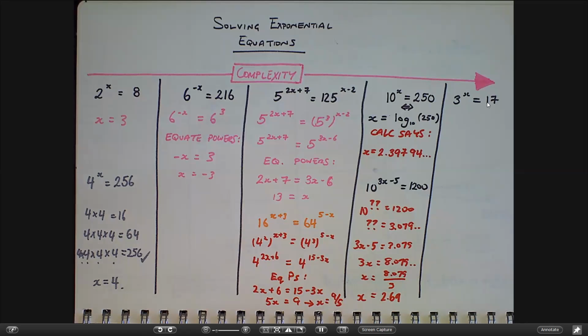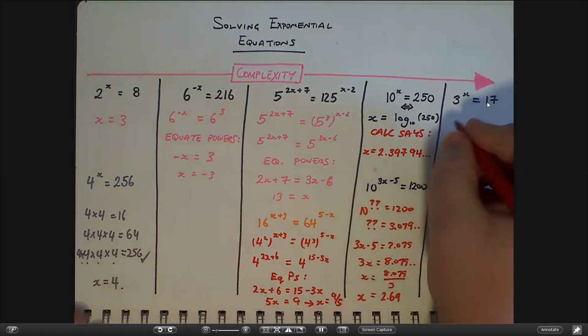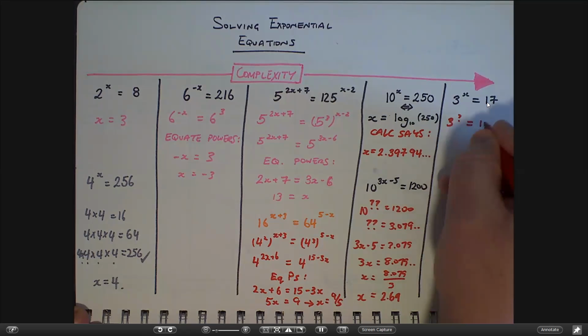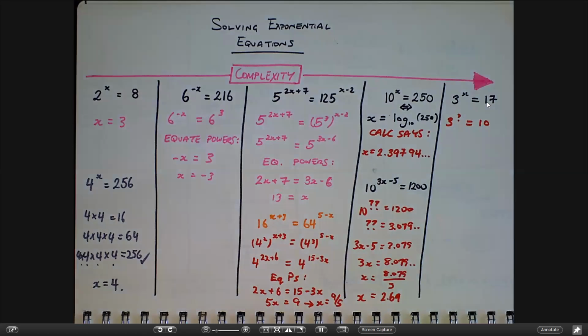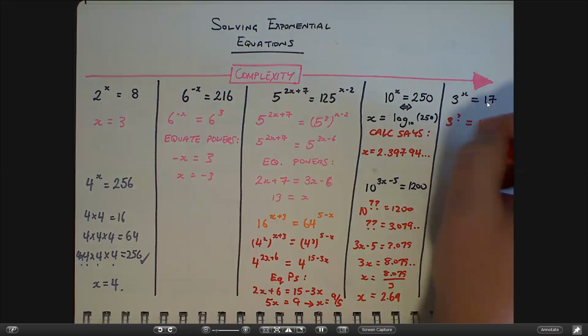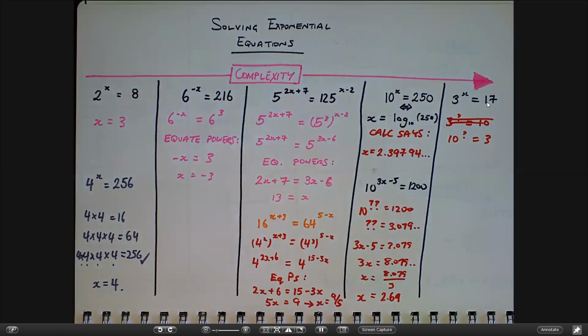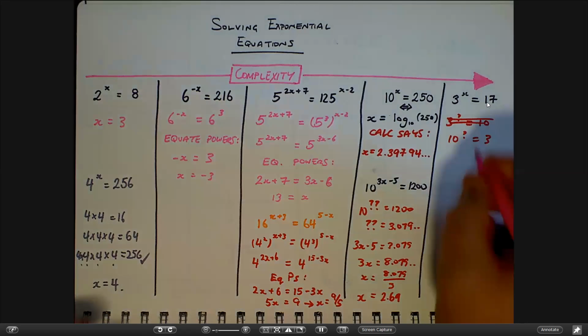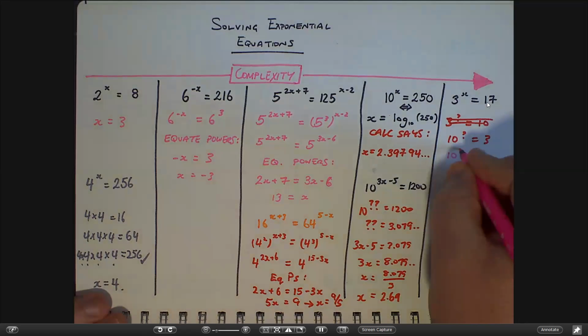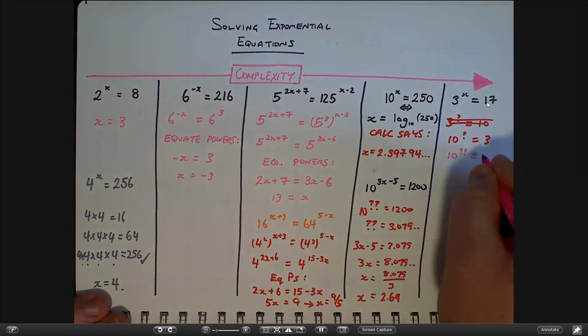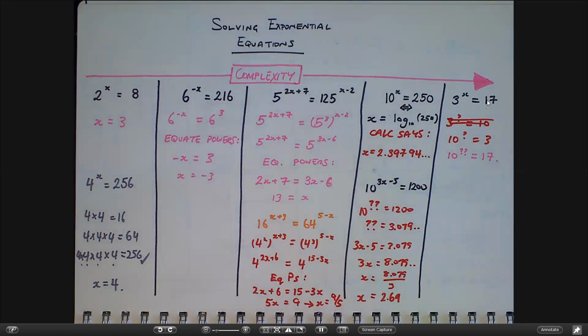Okay, so what I'm going to do is write 10 to the power of something equals 3. And I'm going to write 10 to the power of something else equals 17.